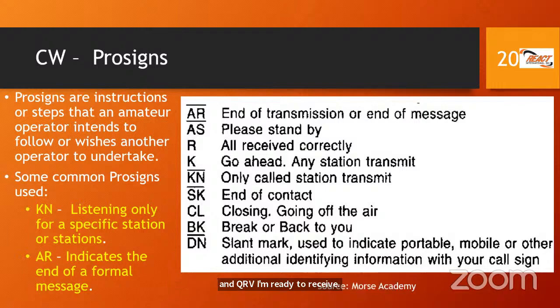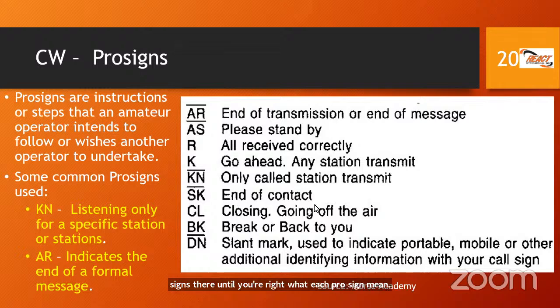So there are also what we call prosigns that we use when we are sending Morse code or CW, right? So it's not just the regular letters. There are some combinations of letters, standalone letters, that when we send them, usually at the end of a particular transmission, have specific meanings. So on the right-hand side, we have several of these, what are referred to as prosigns, and to your right, what each prosign means.